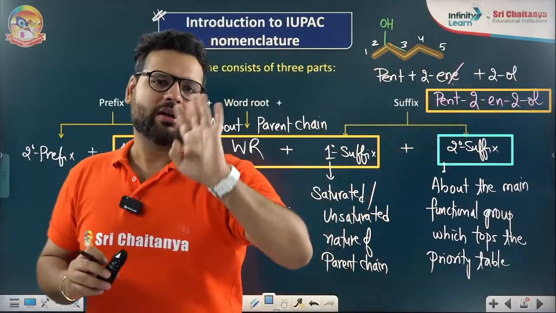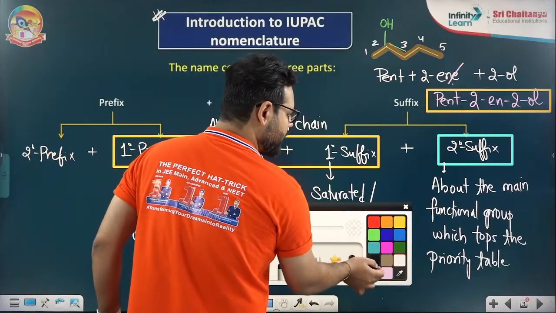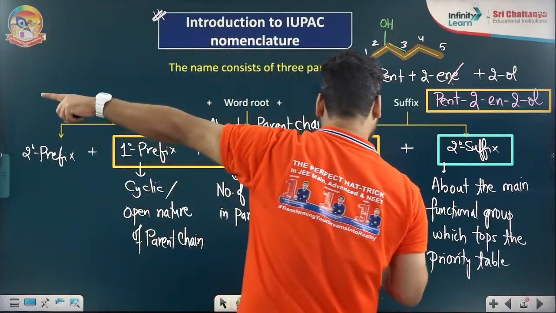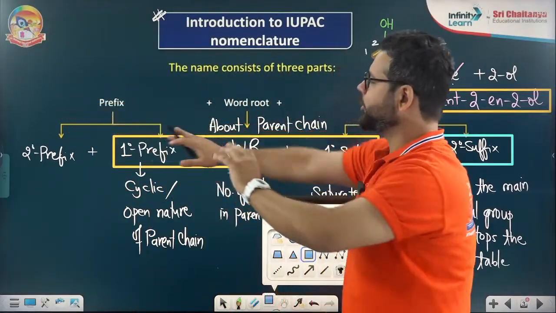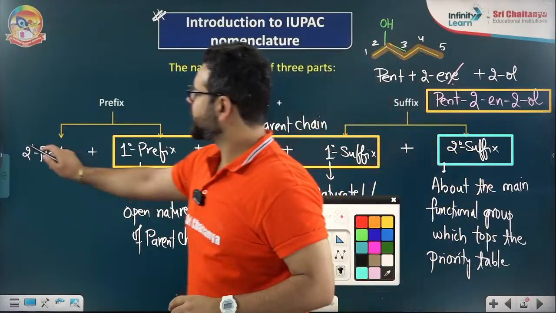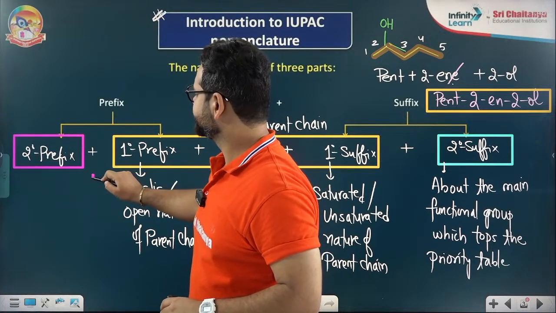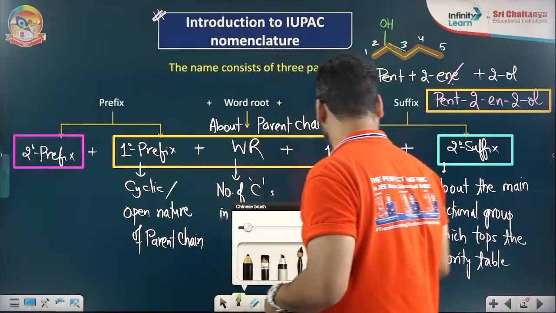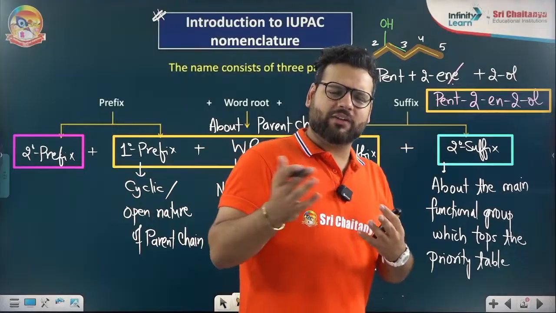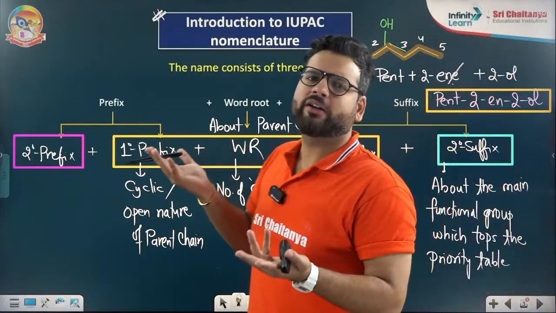Now, once you know about your main functional group, what is remaining? Whatever is remaining is going to come into the beginning of the name. Secondary prefix, least important for us, we will put in the beginning. It is going to tell you about any other functional group which is present, which could not top the priority table.